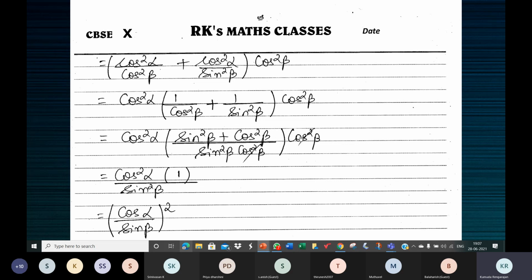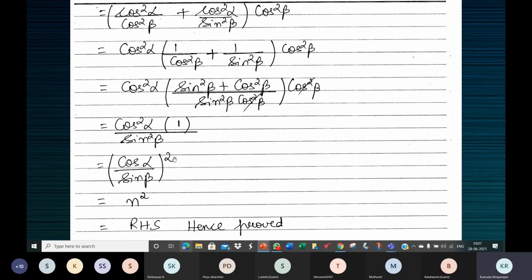See children, this and this gets cancelled. This one by the identity is 1, and we have cos square alpha by sine square beta. So this is nothing but cos alpha by sine beta the whole square. And it's given to us that cos alpha by sine beta is n, which is n square, which is the RHS.